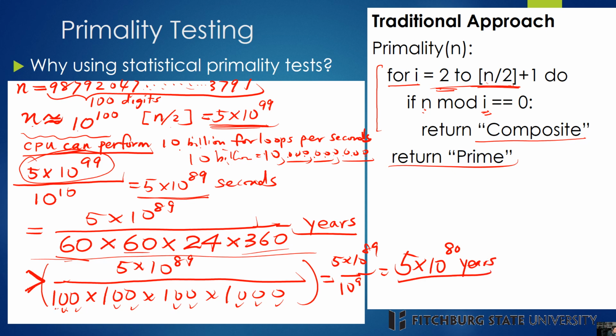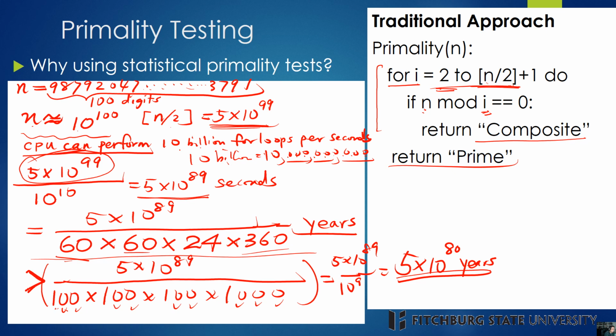So I need more than 5 times 10 to the 80 years. Do you have any idea what that means? What's the life of the universe?